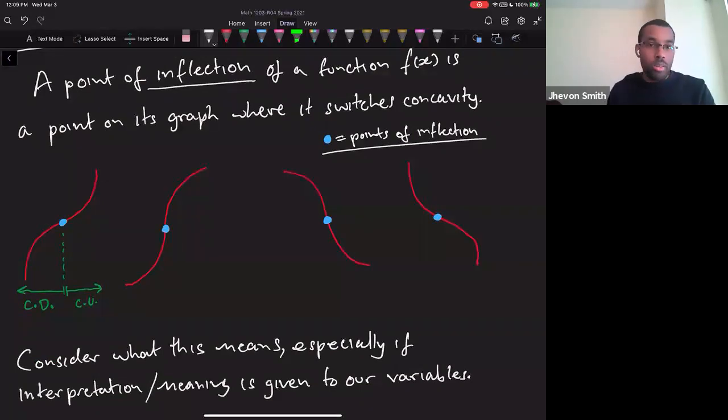So these four pictures that I have here, if you start to give interpretation, they can have very different meanings and they can be good or bad depending on what you're talking about. So for example, let's say these are graphs of a function that's tracking my profit over time, right? Some of these are good and some of these are bad.